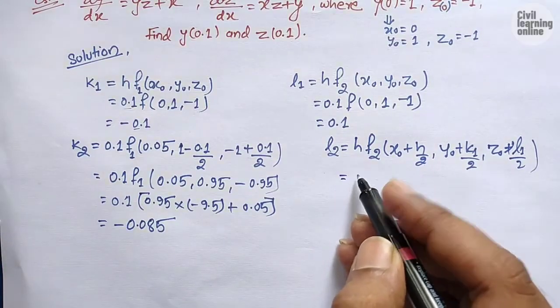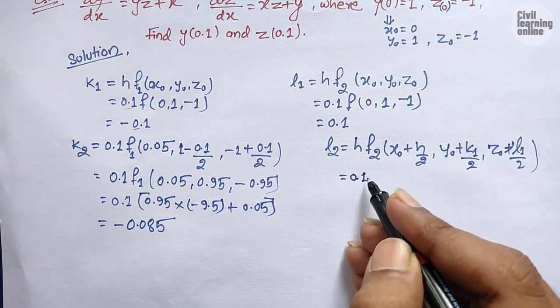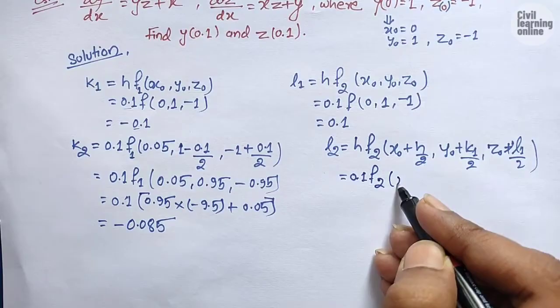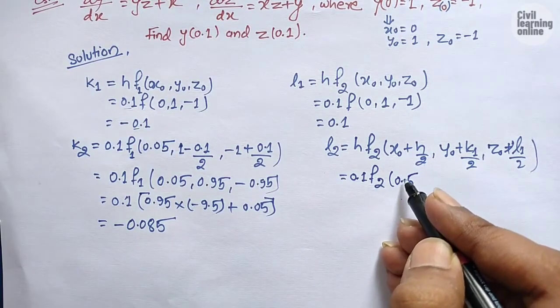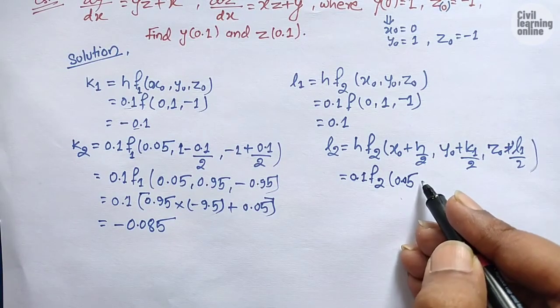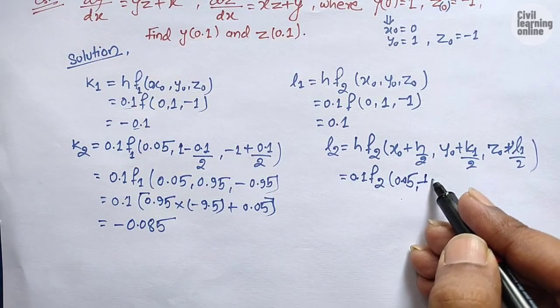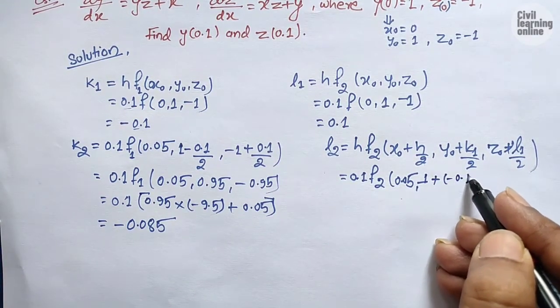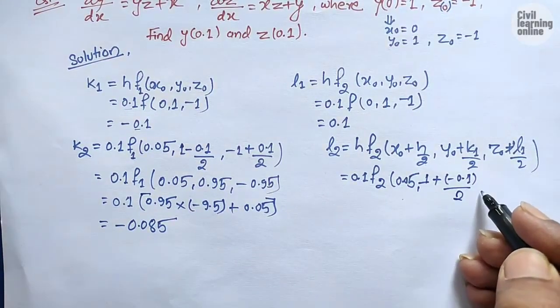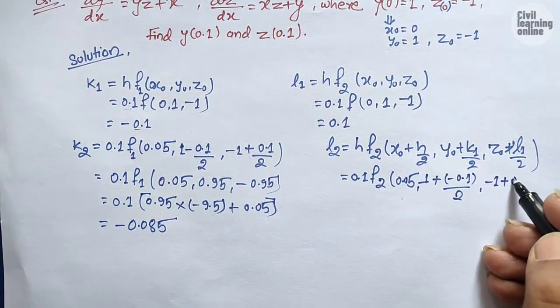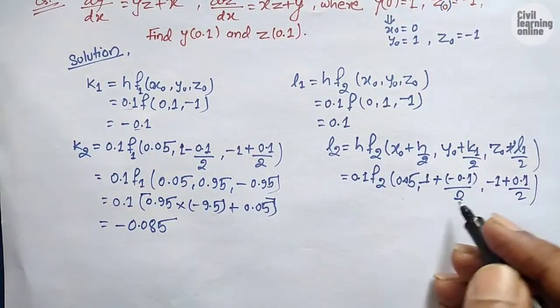So put the value here: 0.1 f2 (0.05, 1 + (minus 0.1)/2, minus 1 + 0.1/2).